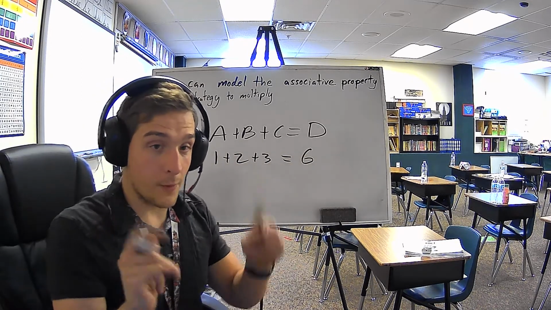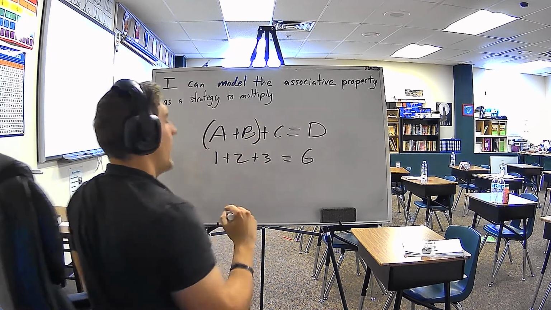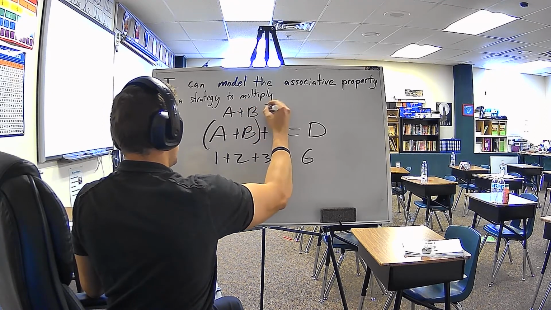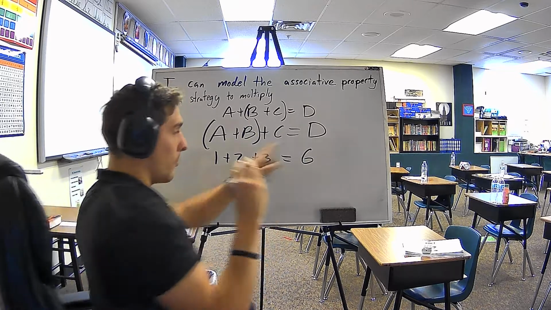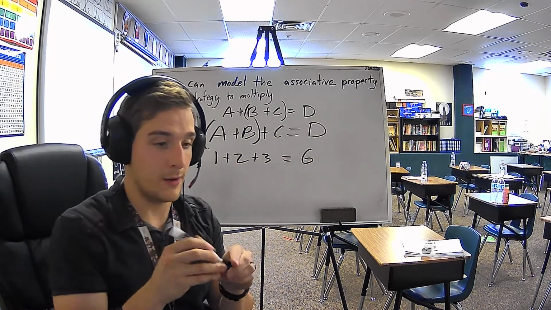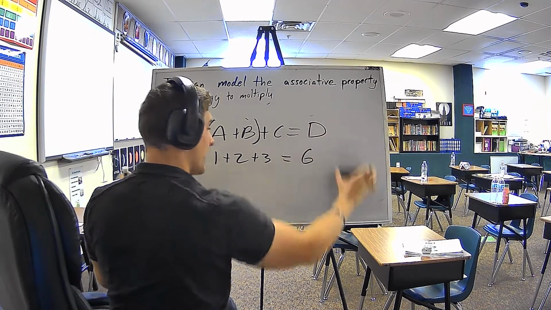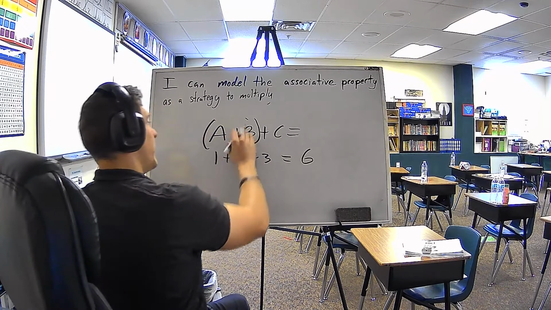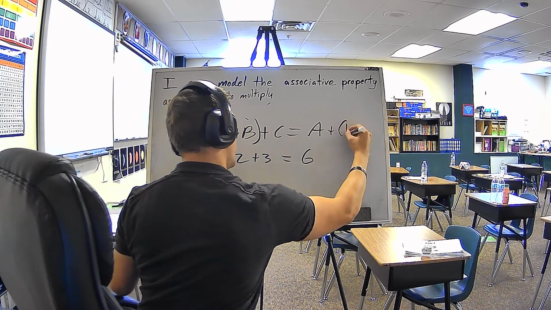Example there. Now, the associative property is saying that I can add A and B first, or I can do B plus C first, and it'll always give me the same answer. That's what it's saying. So visually, I can say that (A plus B) plus C is the same as A plus (B plus C).